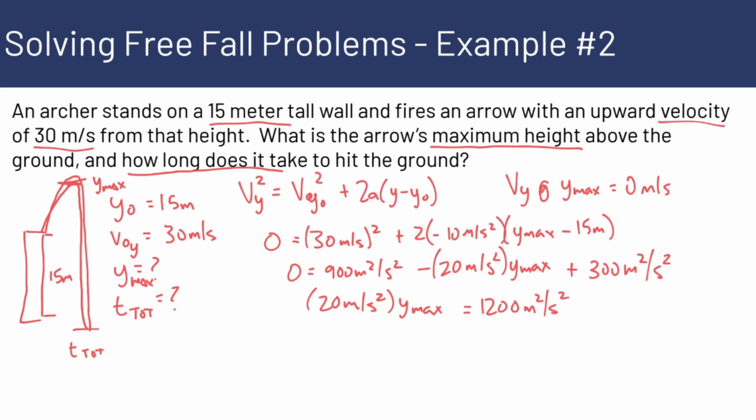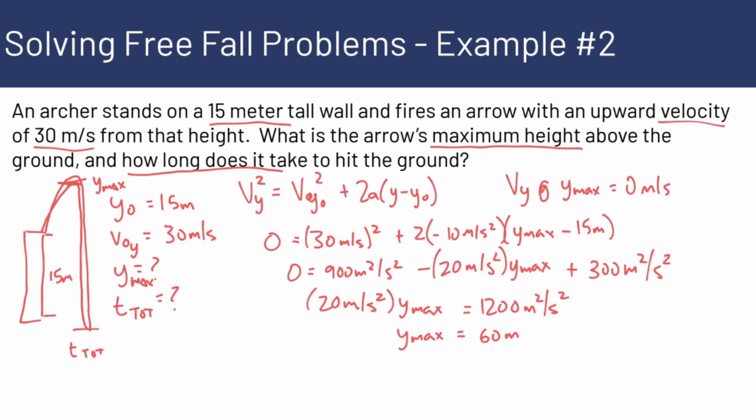So divide both sides by 20 meters per second squared, and we end up with a y max of 60 meters. So when the archer shoots the arrow from a 15 meter tall wall with an upward velocity of 30 meters per second, it reaches a maximum height of 60 meters.